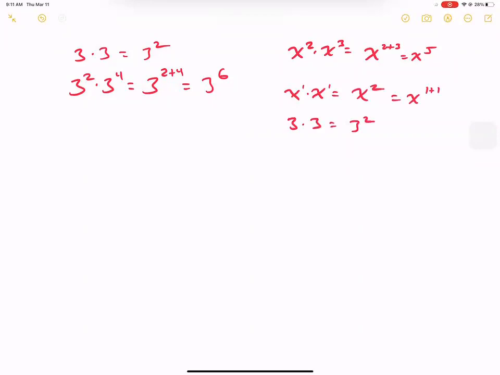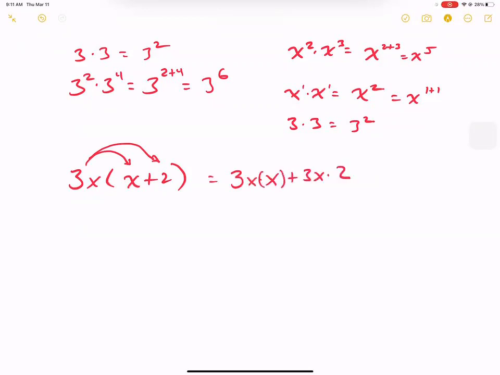Well, what if we end up with more things to multiply? We said we can multiply monomials, 3x times x plus 2. We multiply these out, 3x times x, and then 3x times 2. What my brain is doing is saying, hey, 3x has to multiply x, so that's 3x times x. And then 3x also has to multiply by 2.